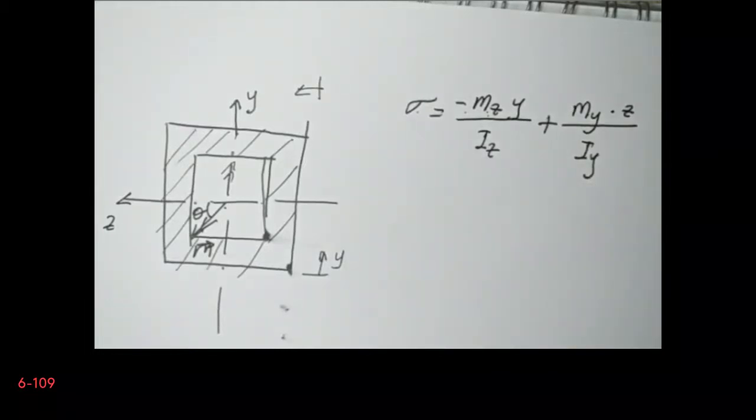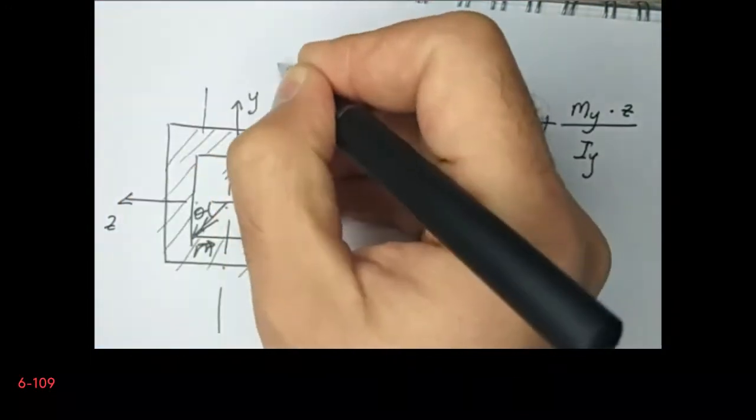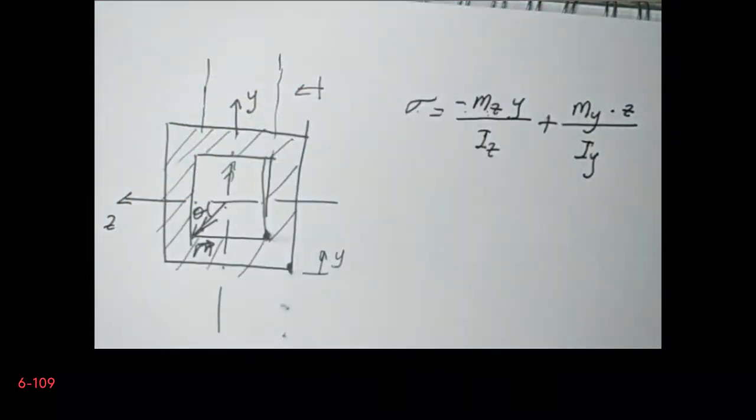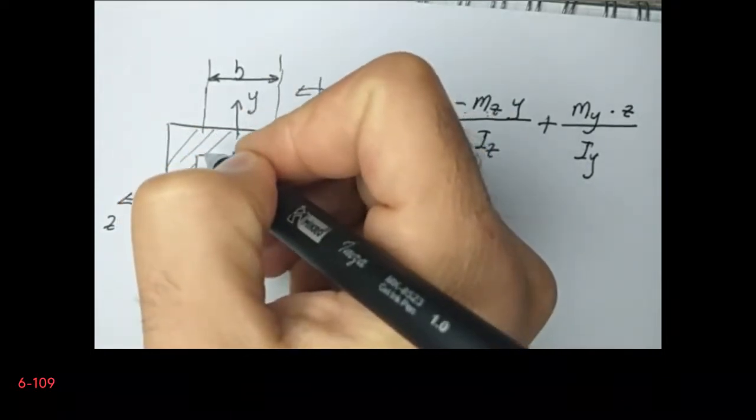Now let's define some variables. Okay, so we have here B, and let's say that we have T here.